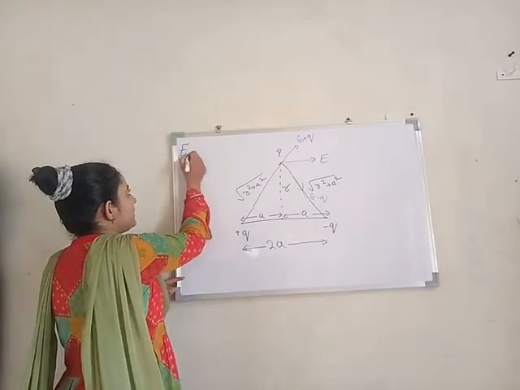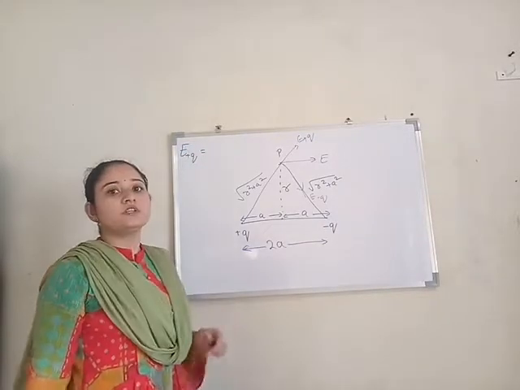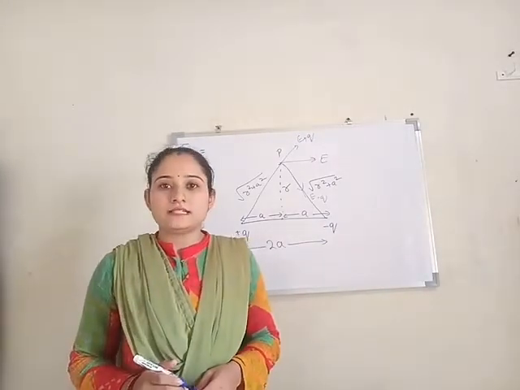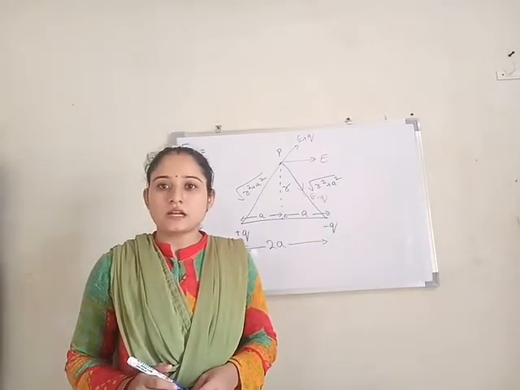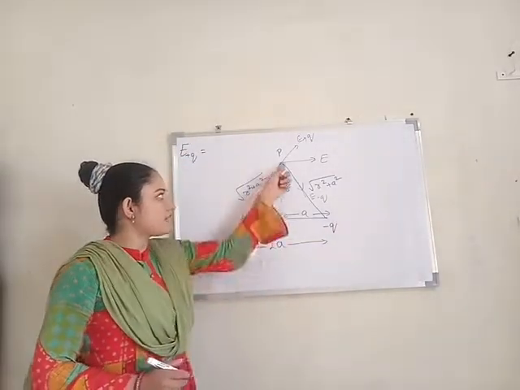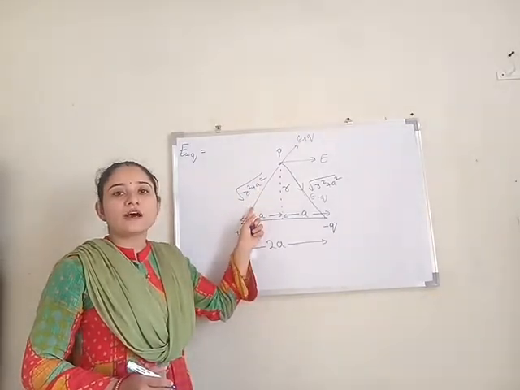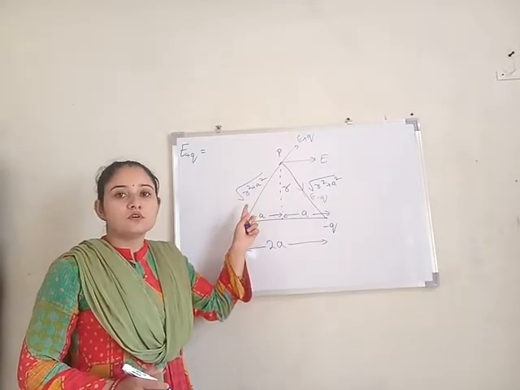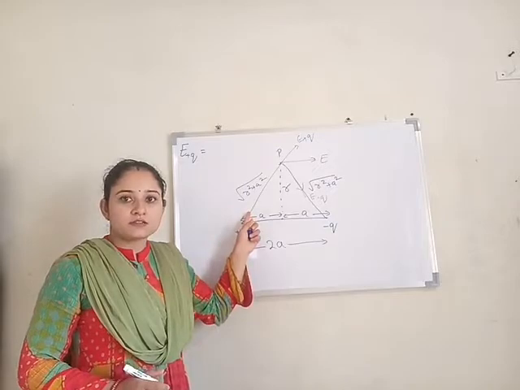So E plus Q will be equal to, you know the formula of electric field, kq by r square. Here the distance is root of r square plus a square, so the whole square of root of r square plus a square.